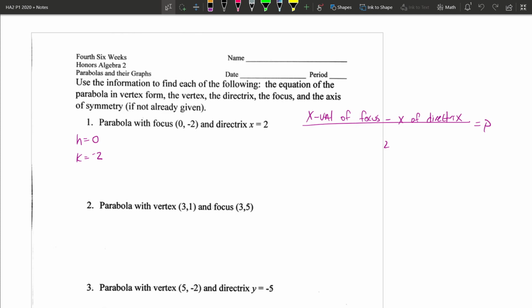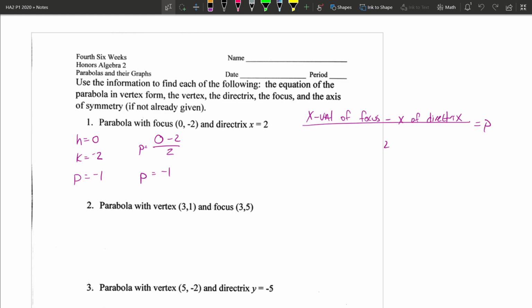So my x value here is 0, minus the x value of my directrix, so 0 minus 2, over 2. So I get -2 divided by 2, which is -1. So my p is -1. That's really all the hard work I had to do.